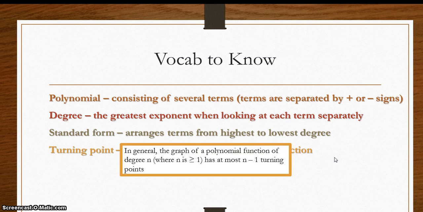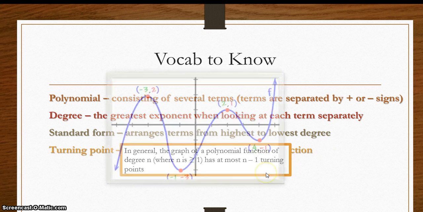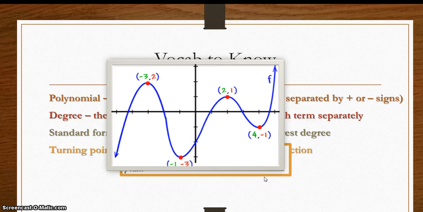In general, the graph of a polynomial function of degree n has at most n minus 1 turning points. So for instance, back to this example, it has 4 turning points. So that would mean that the least degree that this polynomial could be would be a degree of 5.